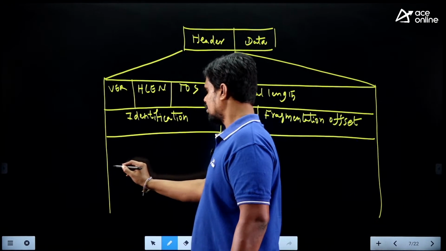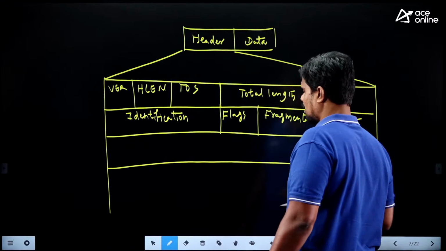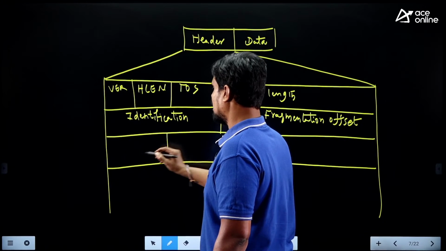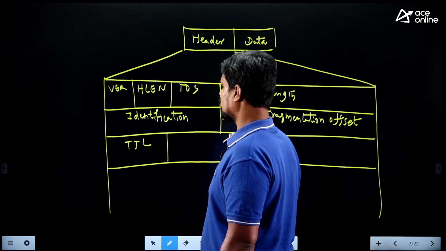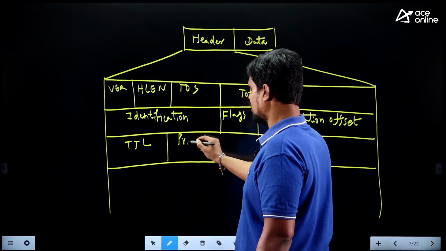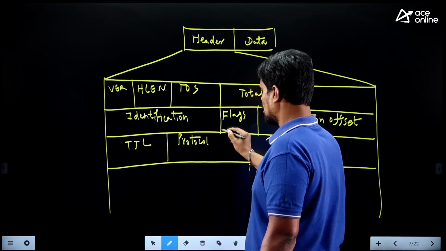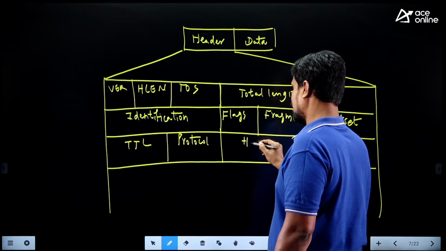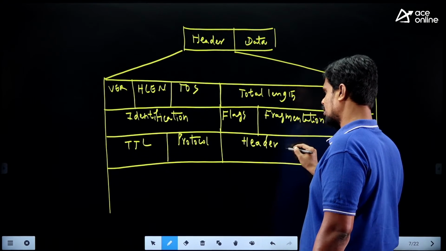The next two fields are the TTL field, which is 8-bit, and the protocol field. After this we have the header checksum field.